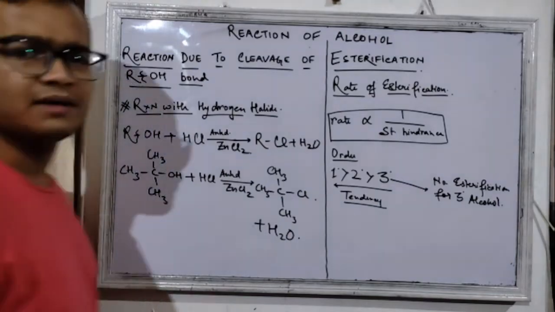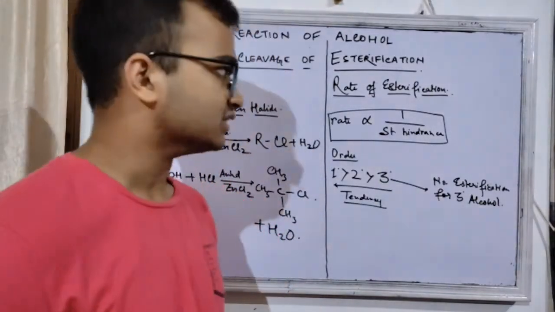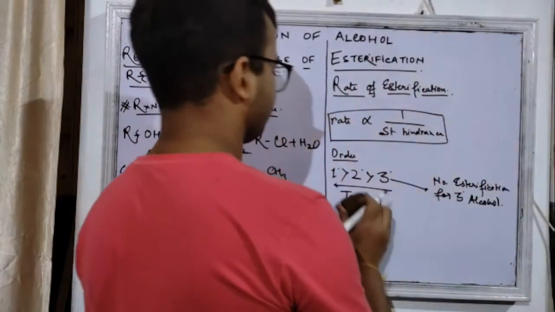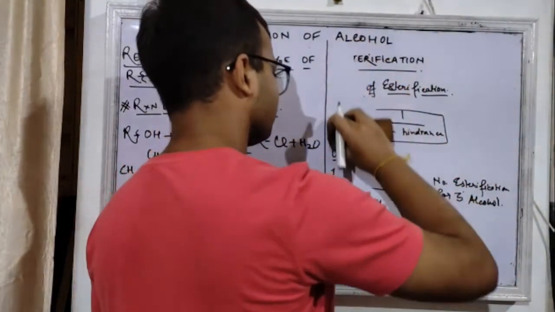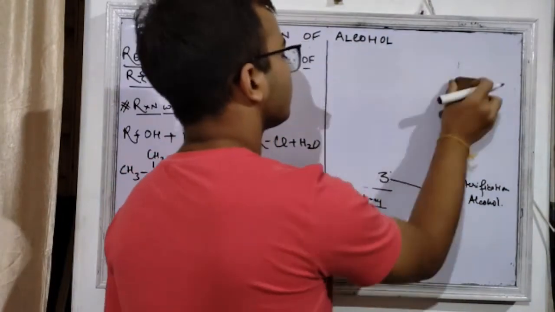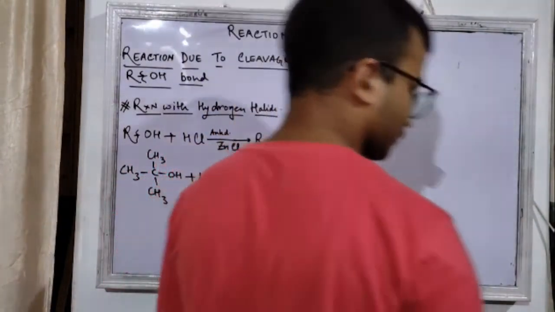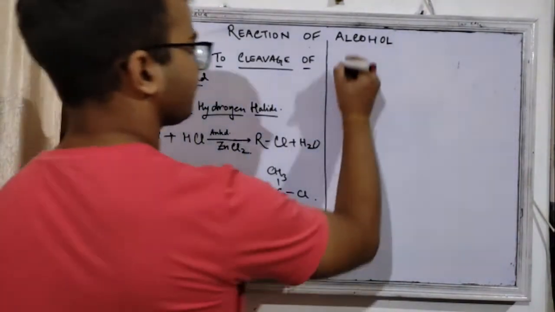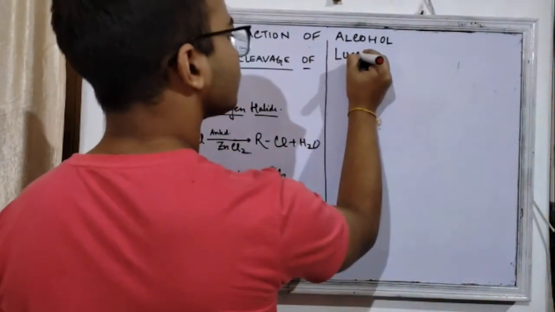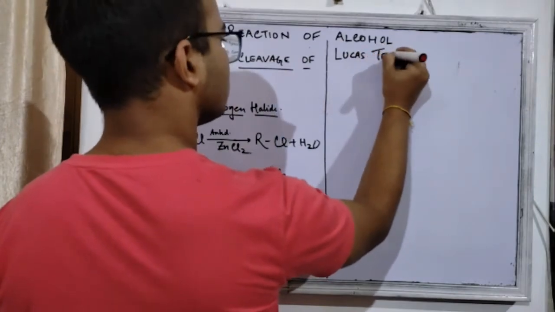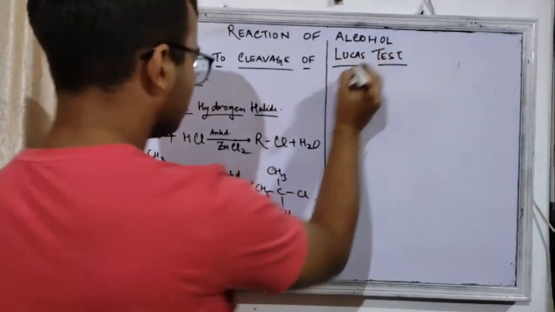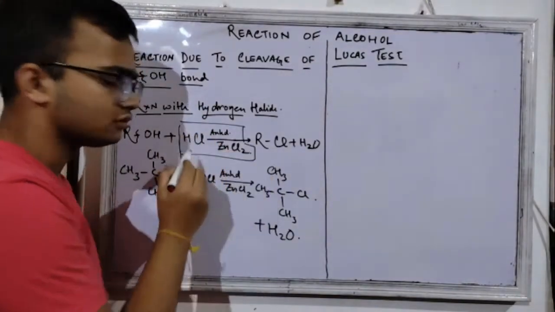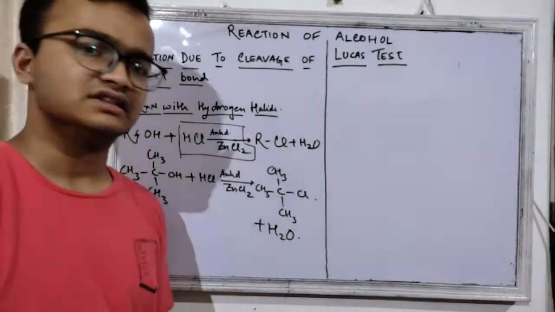Now we will study the Lucas test and the Lucas reagent. So let's clear out this portion of esterification so that I have space. Let's write over here: Lucas test. Now this HCl and anhydrous ZnCl2 is called the Lucas reagent.